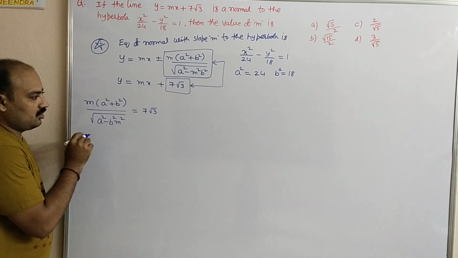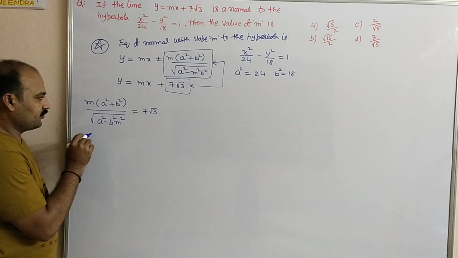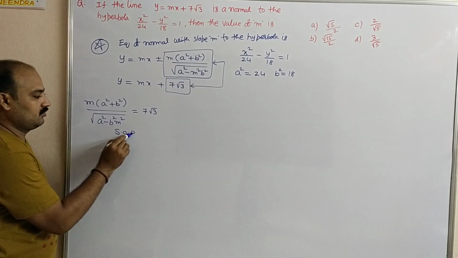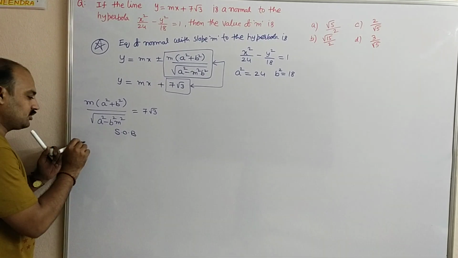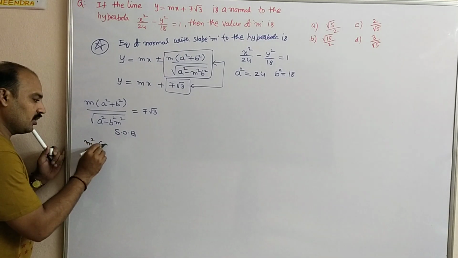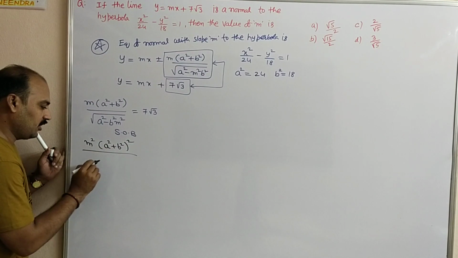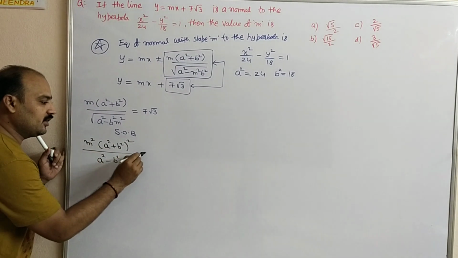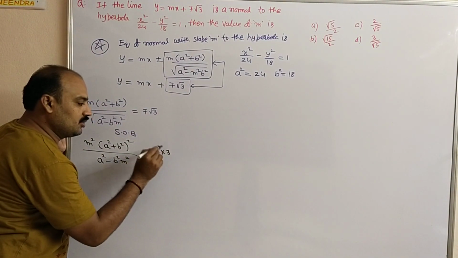So squaring on both sides, m²(a² + b²)² divided by (a² − b²m²) is equal to 7² into (3√3)².